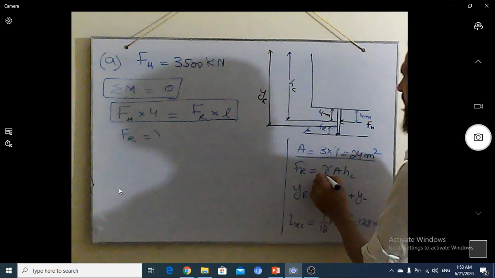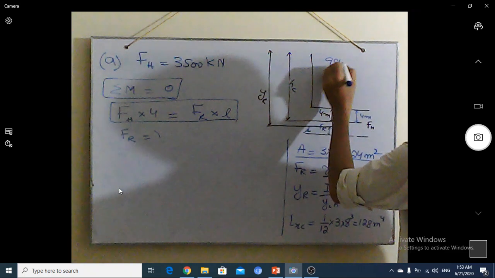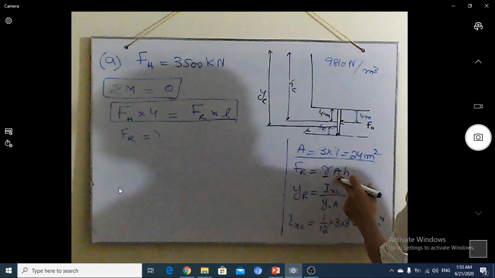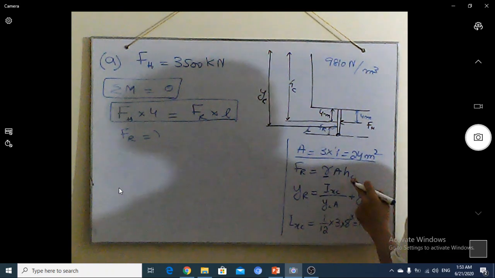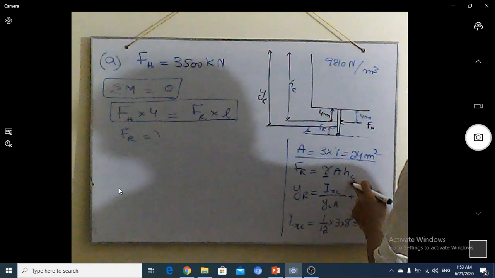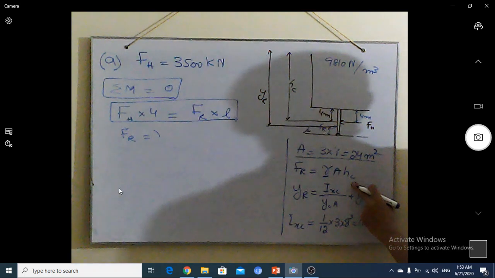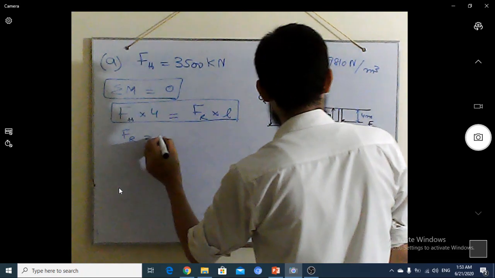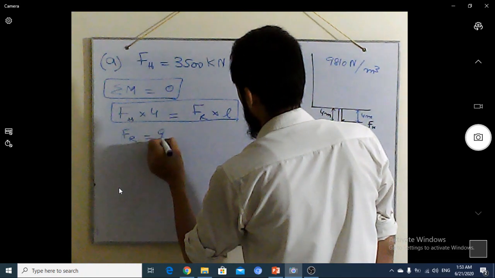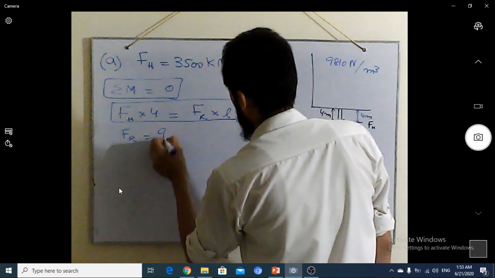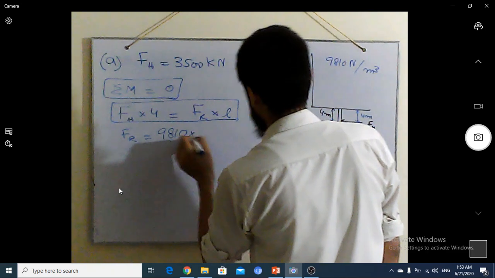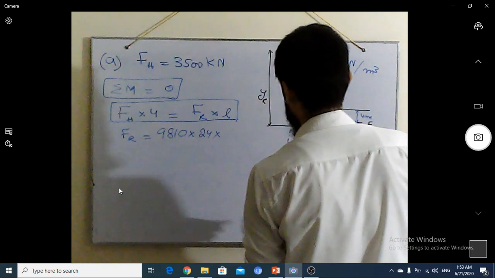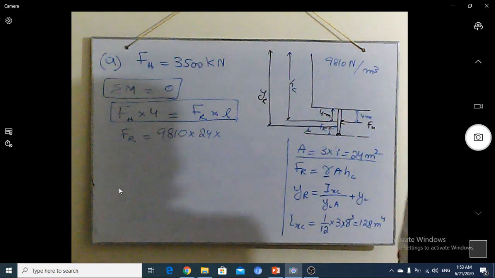The water specific weight is 9810 Newton per cubic meter. For the area, we have to note the HC value, which we still don't know. So we reduce this equation, FR is 9810 multiplied by the area, which equals 24, multiplied by HC.